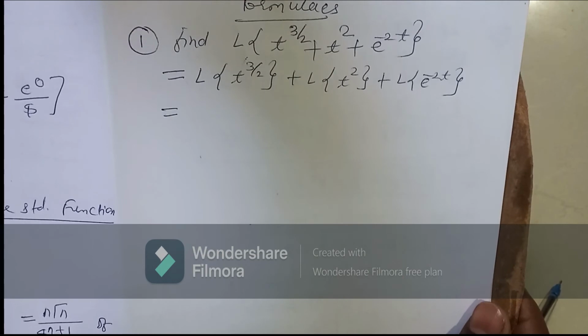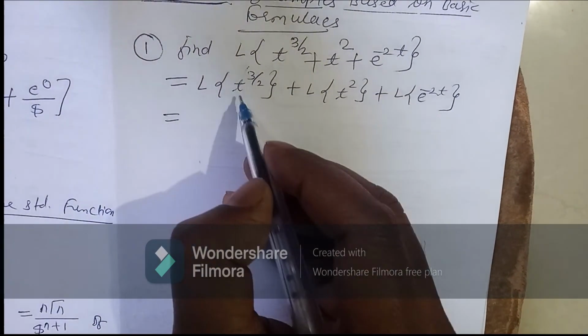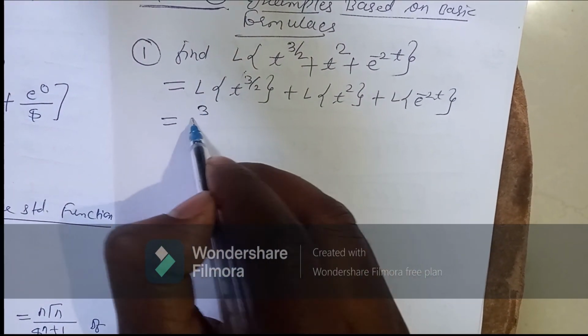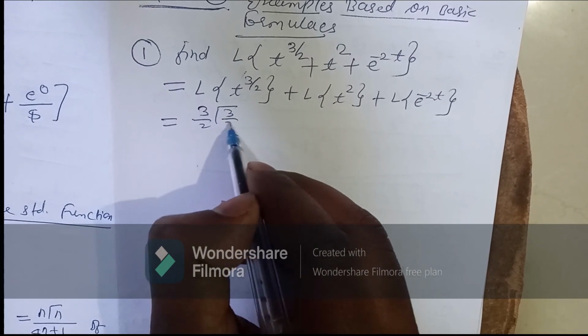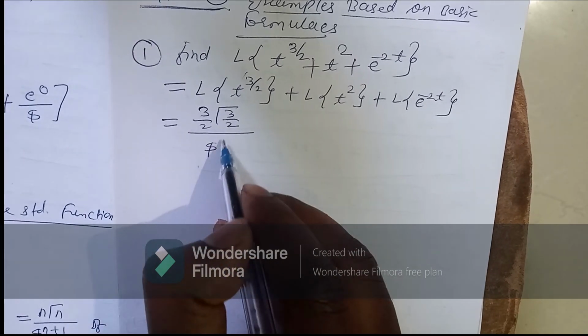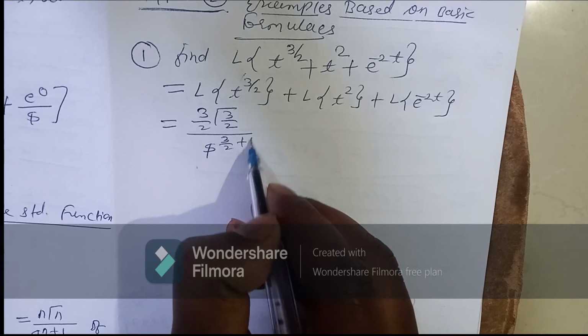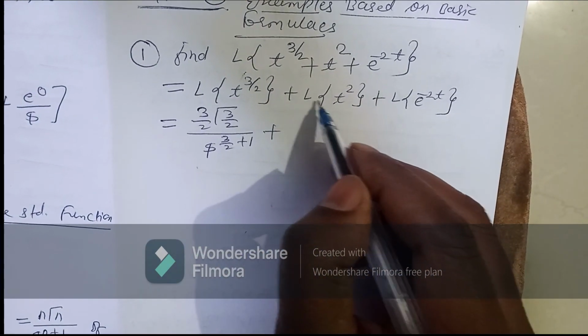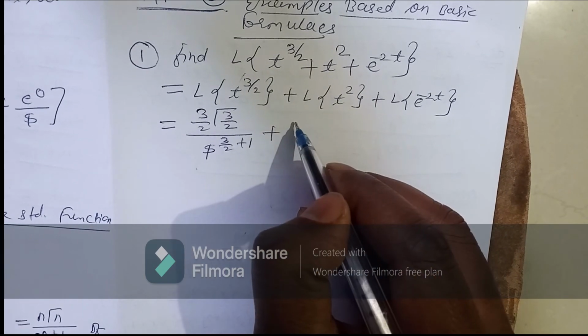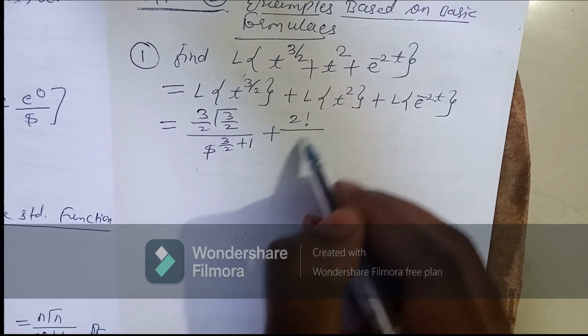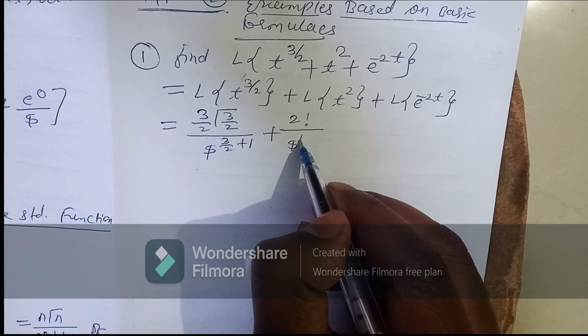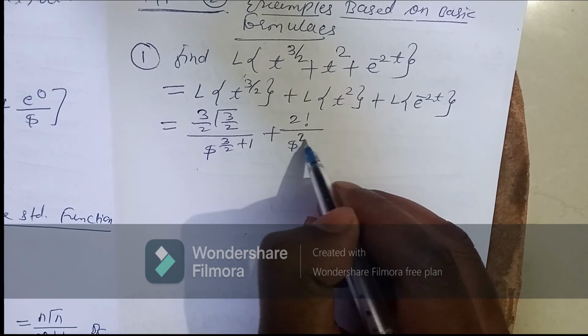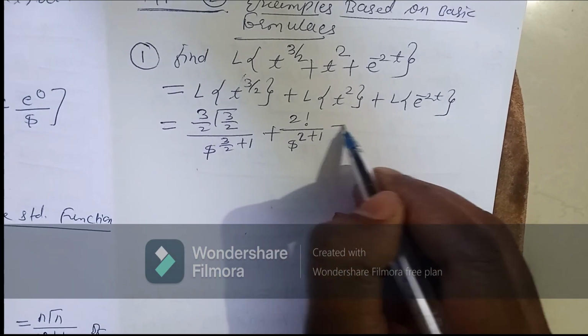So by using this formula, this can be written as 3 by 2 gamma 3 by 2 divided by s raised to 3 by 2 plus 1. Plus, here this is a positive integer. So what is the formula for positive integer? 2 factorial upon s raised to n plus 1, that is 2 plus 1.